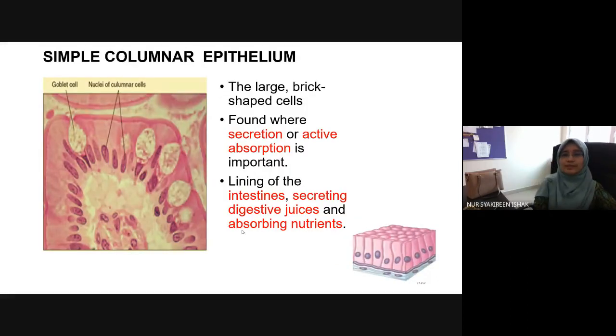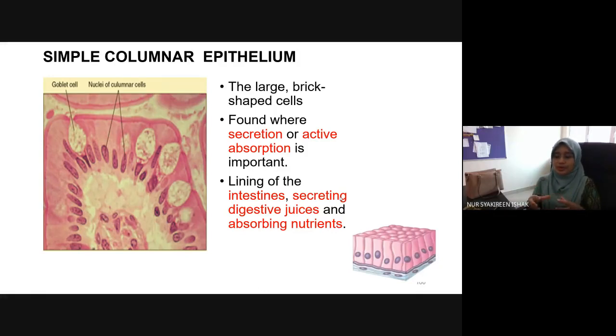And then next is simple columnar epithelium. So the large brick-shaped cells, okay, dia panjang-panjang macam ni. So found where secretion or active absorption is important. So you can find it in the intestine, secreting digestive juices and also absorbing nutrients. As you know, the small intestine secretes enzymes to help in the breakdown of food into its monomers.